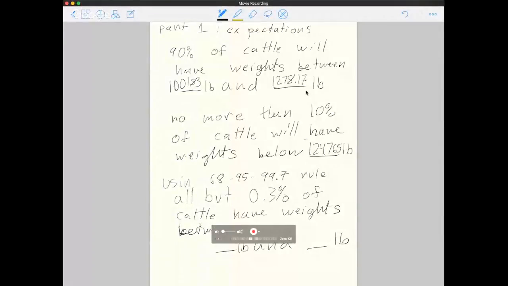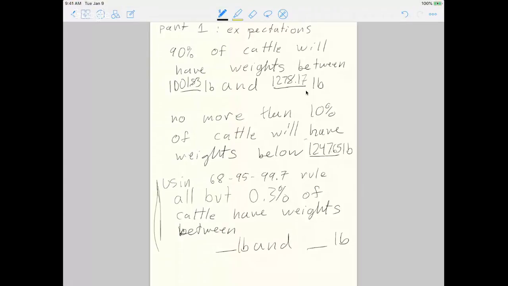Here's what I'm talking about. This 0.3% completes this one, right? So this is 1 SD, 2 SD, 3 SD. This is 0.3% outside 3 standard deviations.